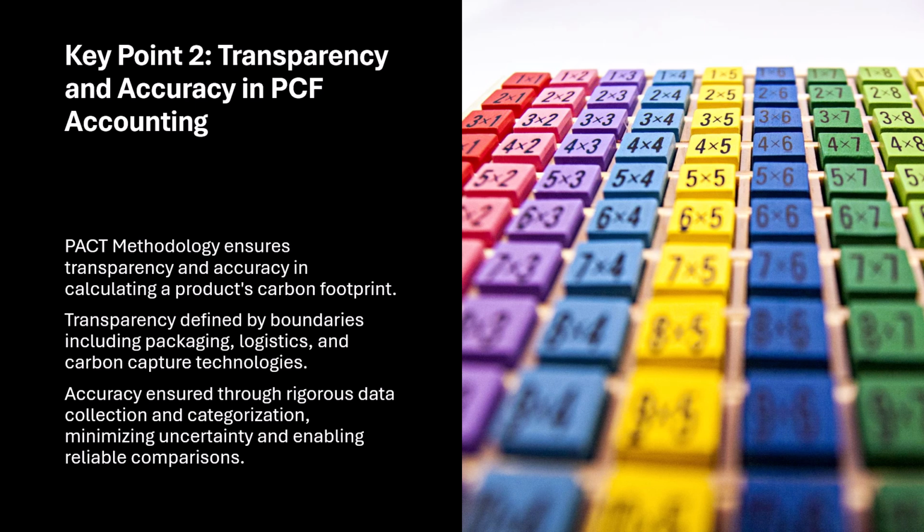Then we also have point 2, which is transparency and accuracy in PCF accounting. One of the standout features of the PACT methodology is its ability to ensure transparency and accuracy in calculating a product carbon footprint, or PCF.